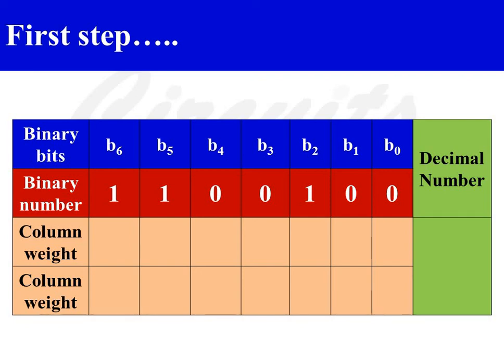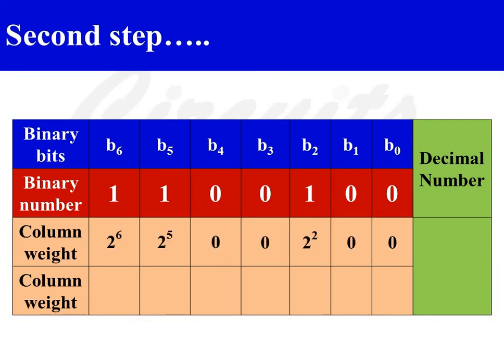After that, write the column weight as power of 2 in those cells where there is 1, and wherever there is a 0, simply put 0 as the column weight. So as B6, B5 and B2 are 1, the column weights are entered as 2 raised to 6, 2 raised to 5 and 2 raised to 2, and the rest of the columns are filled with zeros.